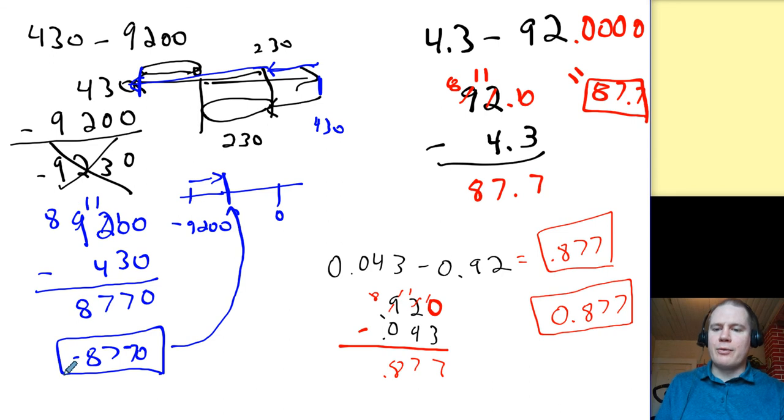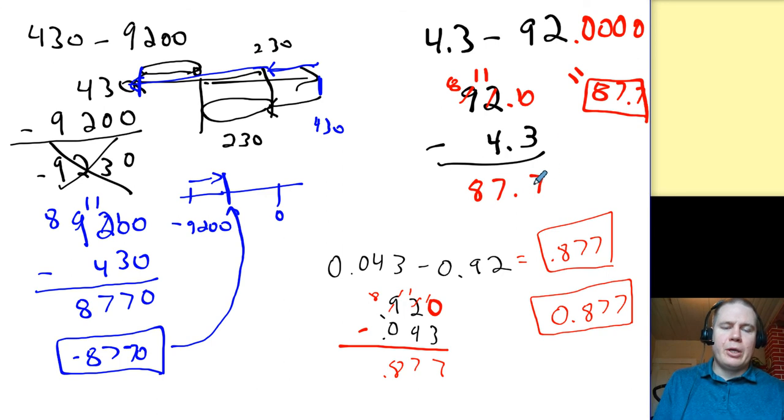I don't specify how many millions I have. I know if there's nothing in that place, I don't have any millions. So this 0 is necessary to show that it's not 877, but that it's 8,770. This 0 is necessary so that I can borrow properly, rename properly, and then I'm showing where each place is with that.